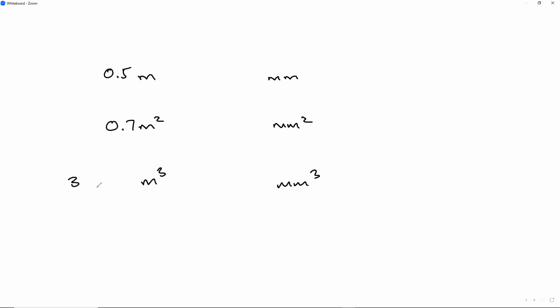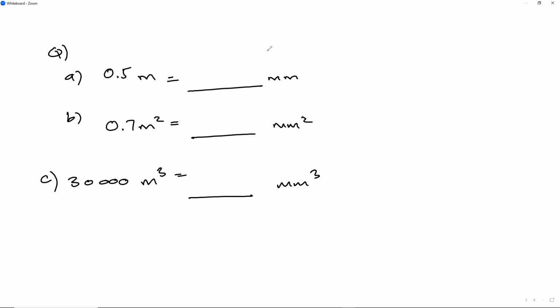Well, let's make it 30,000 meters cubed. Convert each of these now. All right, let's try these random questions. No particular pattern. See if you can get them.